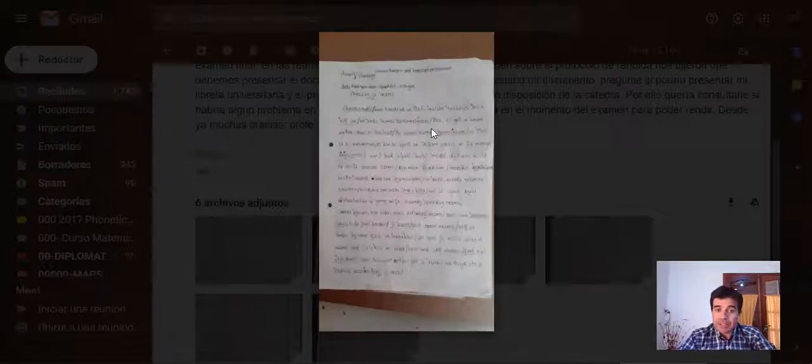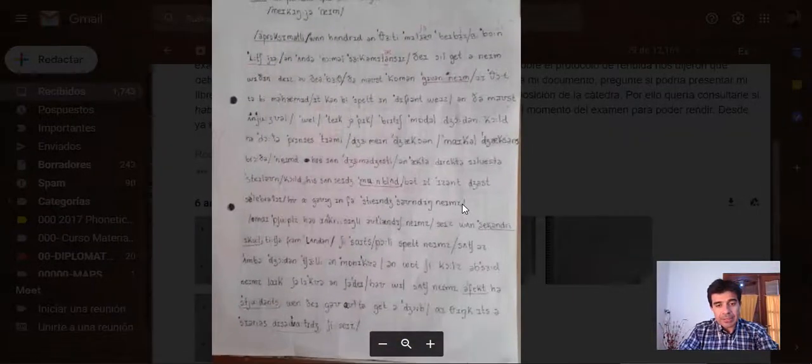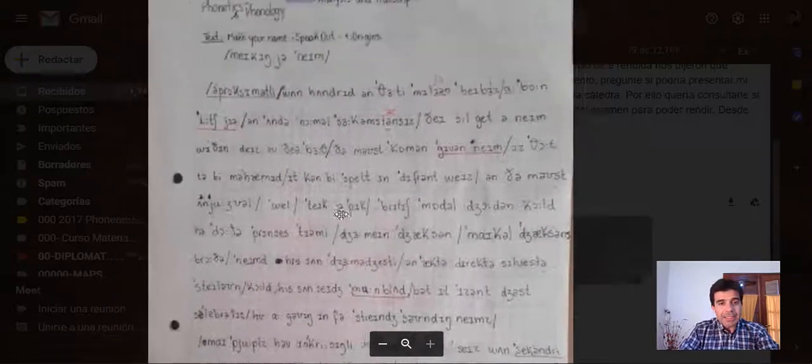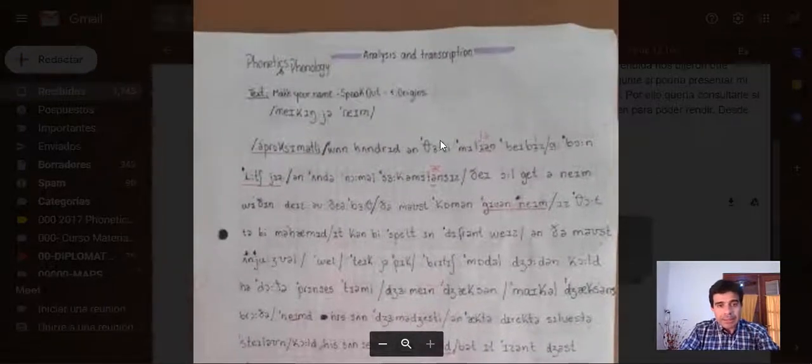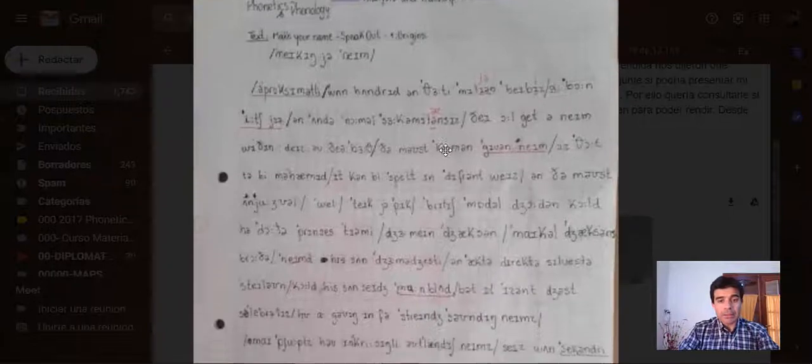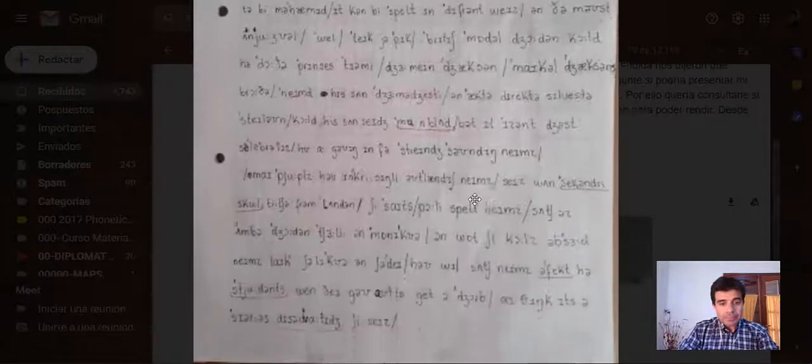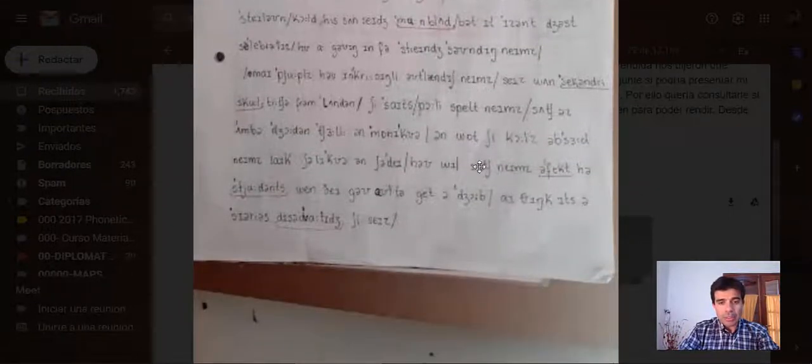Please, I suggest you use a cam scanner app, which you can have in your telephone, because you can have clearer images of pieces of paper. And I can see, for example, in the pieces of paper that you have sent me, that sometimes it's not very clear as regards the symbols and so on.